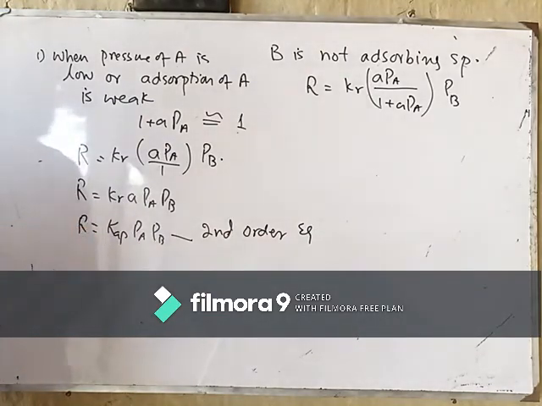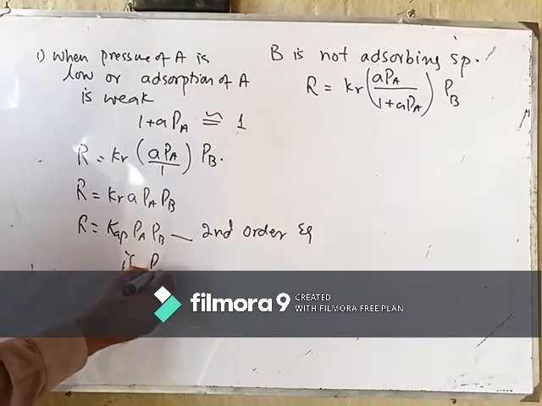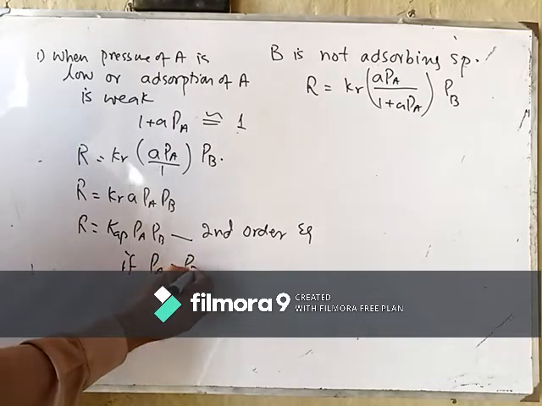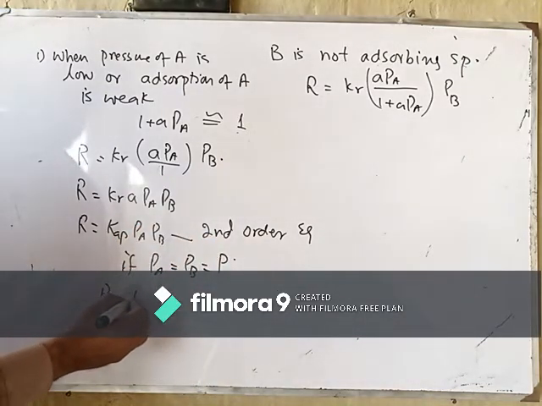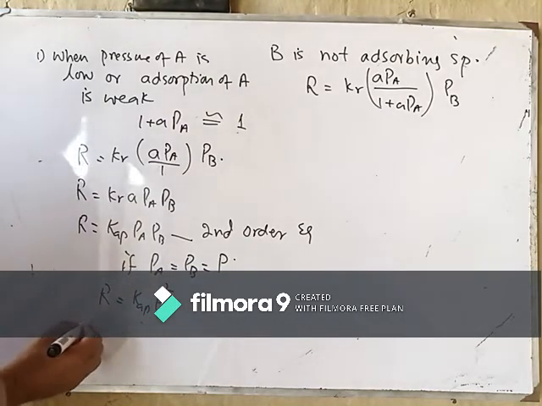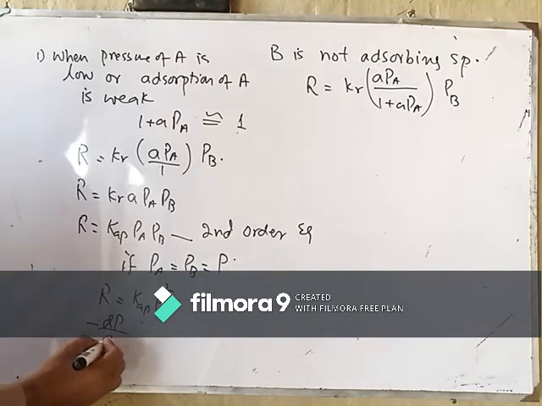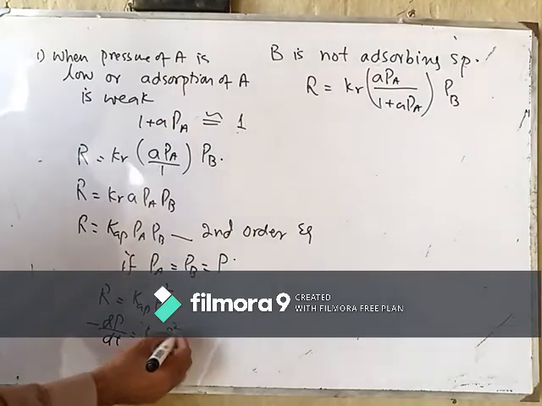If the pressure of A and B is the same, if P of A is equal to P of B and this is equal to P, then we can write R is equal to K apparent P square, that is minus dP by dt is equal to K apparent P square.